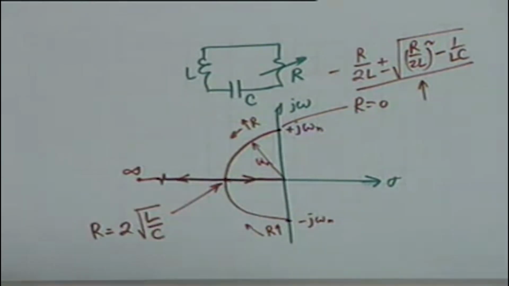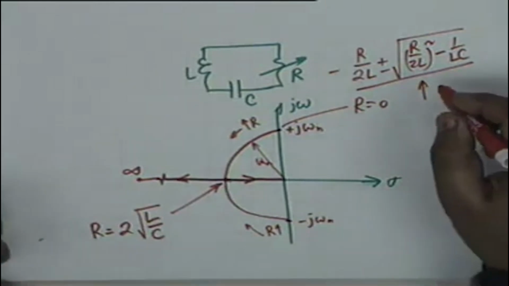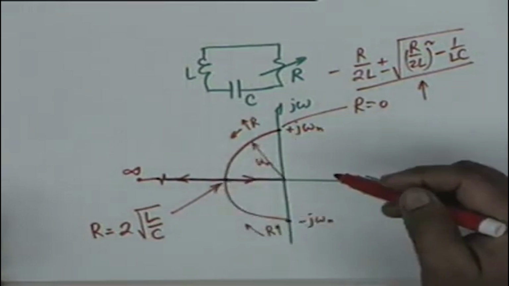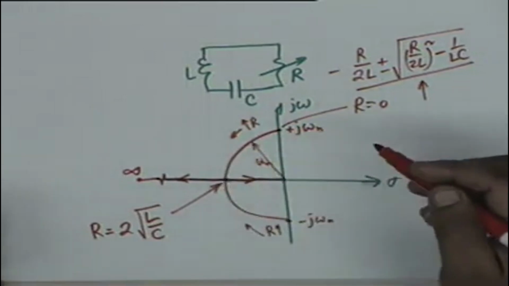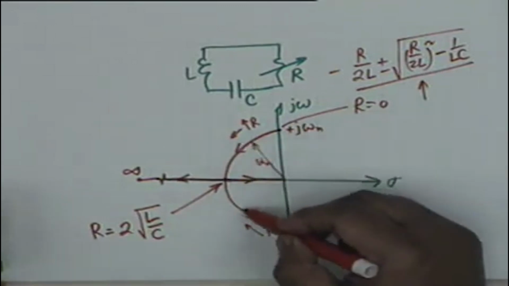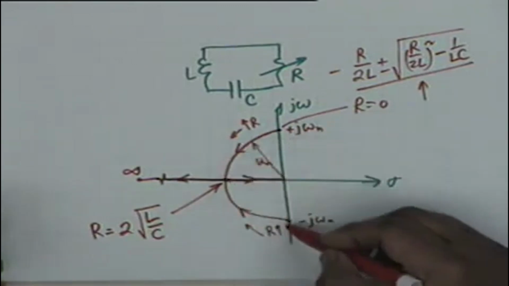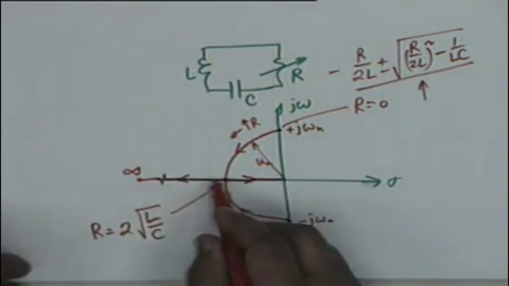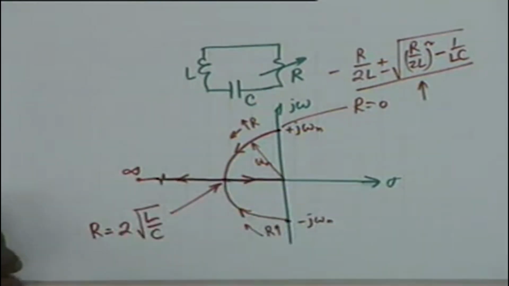Is that clear? Okay. So both from the analytical expression, from explanation, and from the figure, you can see that the locus of the two roots is given by this semicircle, and then two straight lines, one going towards the origin, the other going towards infinity.